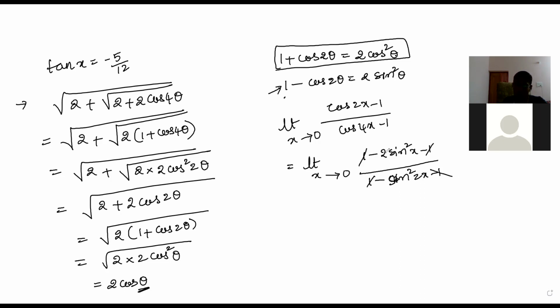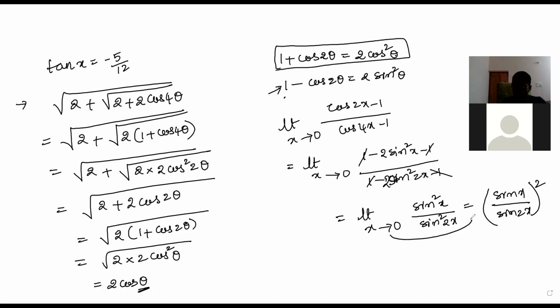Yes, sir. And then 2 also gets 2, that also gets cancelled. So sine square x by x square, 2x. Yes, this you can write as sine x by sine 2x whole square, right? Same limit applies here also.